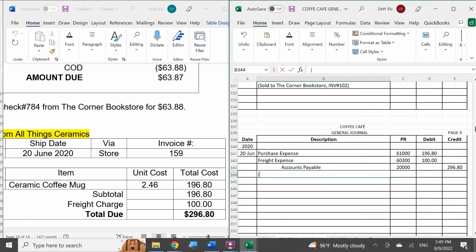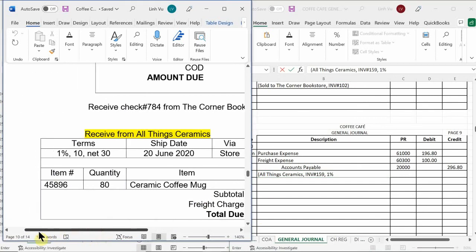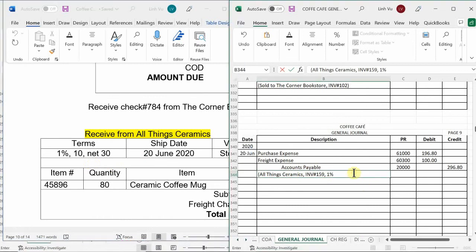And then you would put in the note, all things ceramic. Invoice number 159. The terms are 1%, 15, net 30, something like that. I can't see it, so. It's actually 10 net 30. No worries.